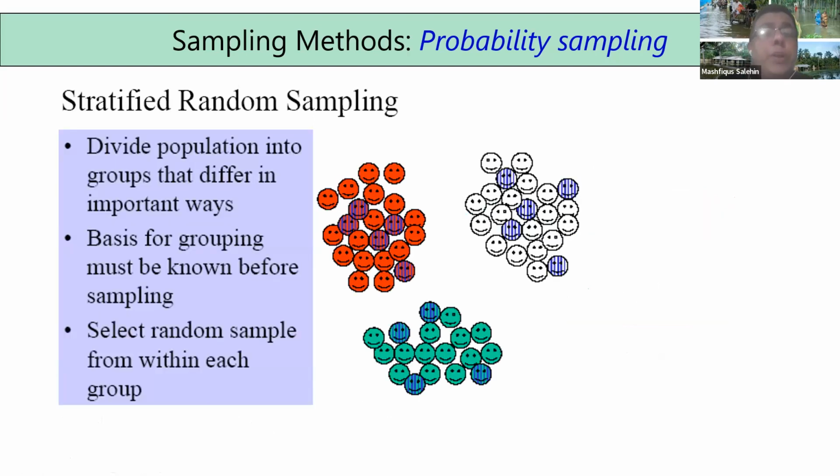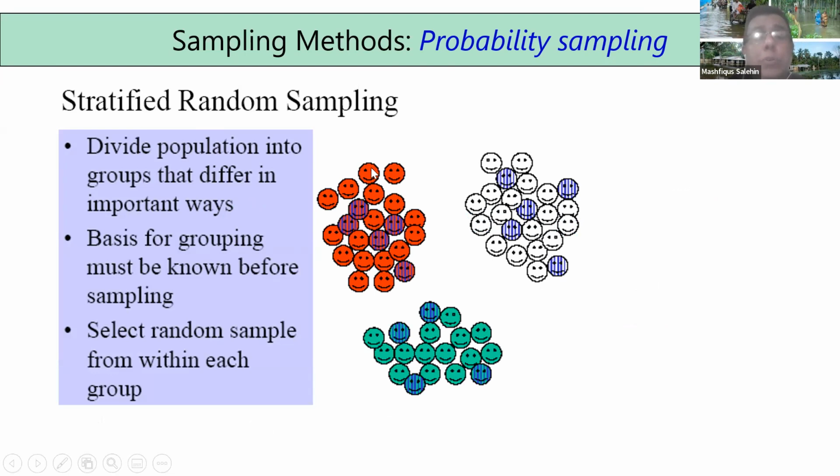Then there is stratified random sampling, which is very useful and very frequently used in water resources studies. As I said before, it is similar to the quota sampling that I discussed before, with the difference that here you are getting your samples based on a random sampling method.